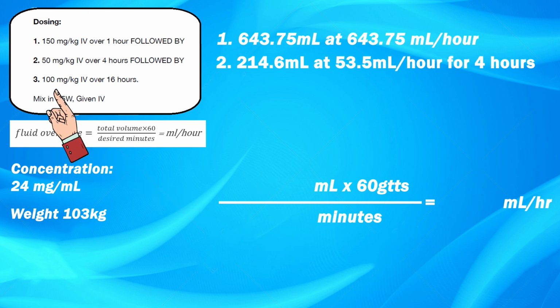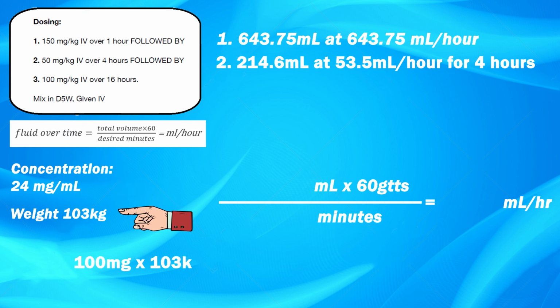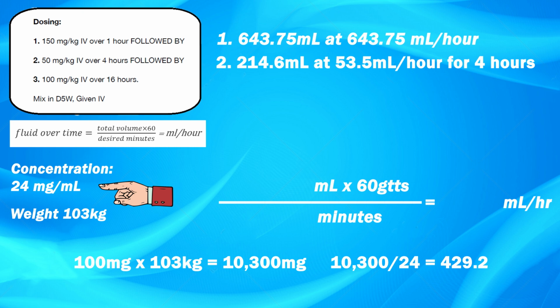Just one more stage to go. Press pause now if you want to do your calculations yourself, and then come back when you're ready to look at the answer. For stage 3 of the dosing, we're going to take 100 milligrams times 103 kilogram weight, and that gives us 10,300 total milligrams to be administered, divided by 24 milligrams per milliliter concentration.